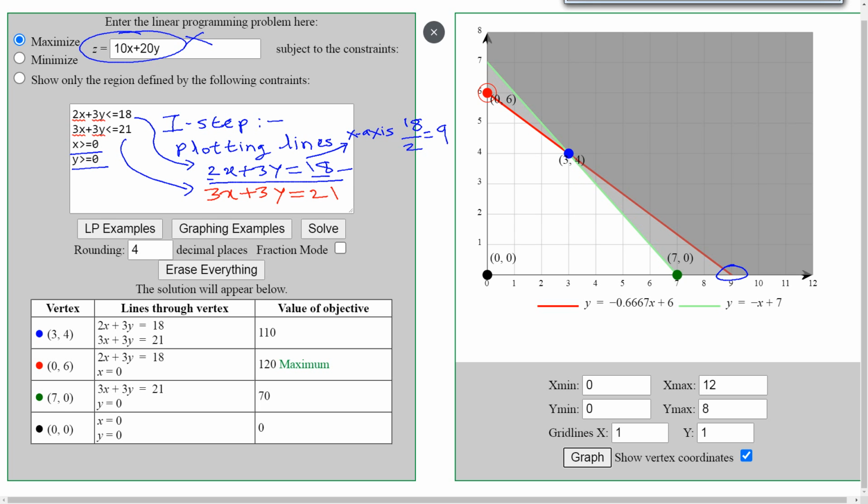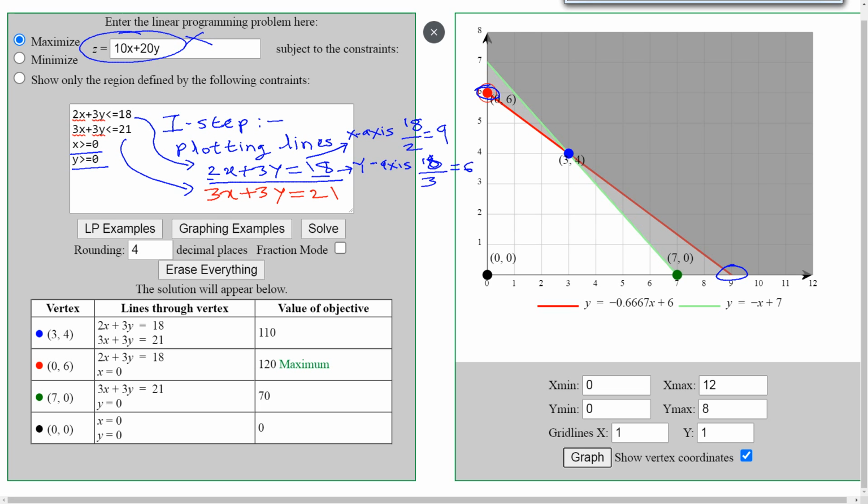The point on the y-axis is given by c upon b, that is constant upon coefficient of y. So the constant is 18 and the coefficient of y is 3. So 18 upon 3 is equal to 6. Here we get another point 6.